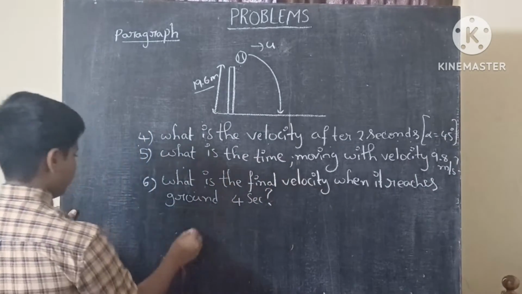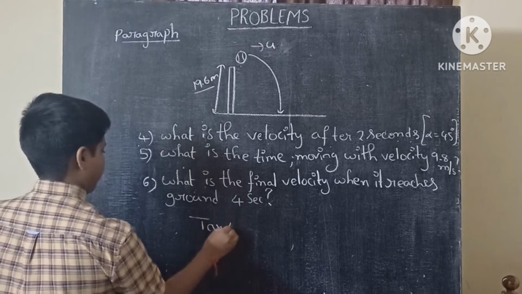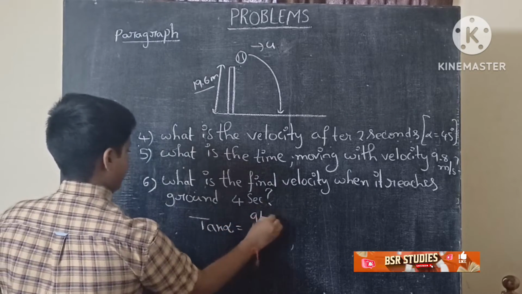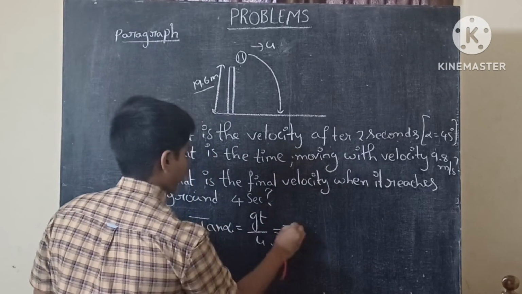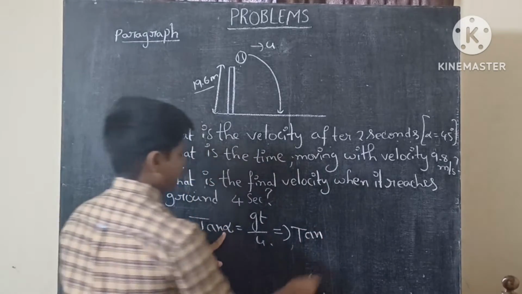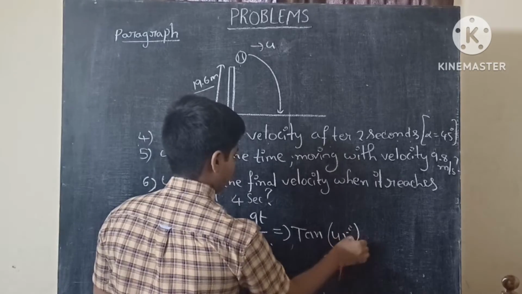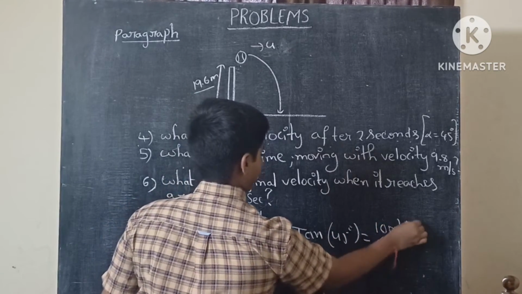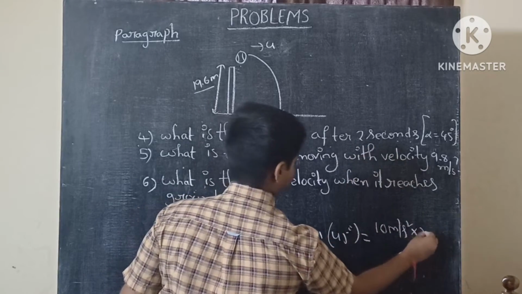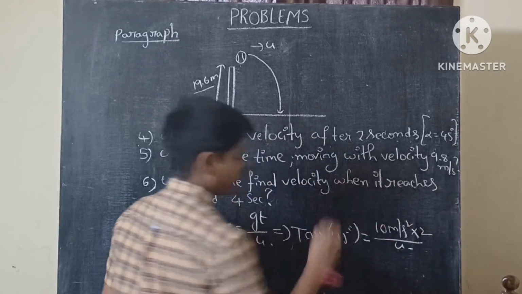So if we use tan alpha equals gt by u. Okay, so tan 45 degrees equals gravity 10 meter per second square into time 2 seconds, 2 by u.